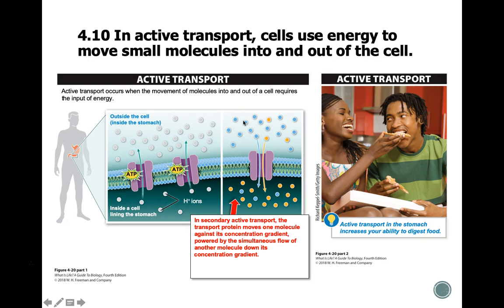So the power here for moving the other molecule, this yellow molecule, actually comes from the movement of the first. So as the diffusion gradient causes the blue molecule to move, it actually provides energy to store up this yellow molecule against its concentration gradient.